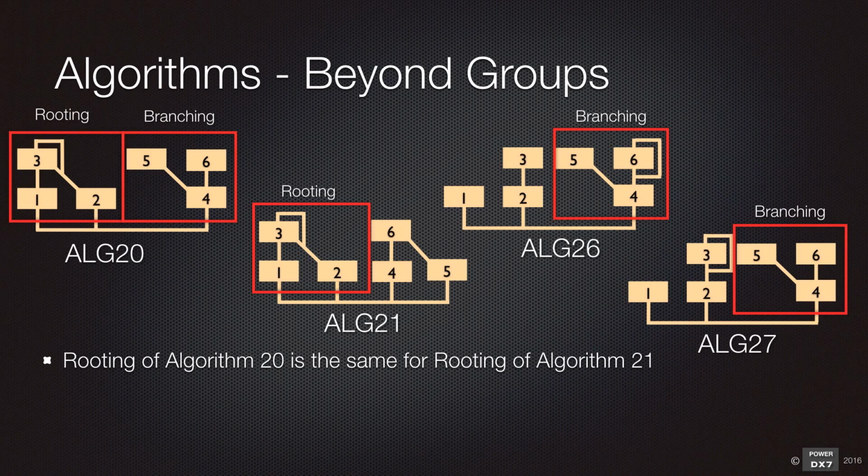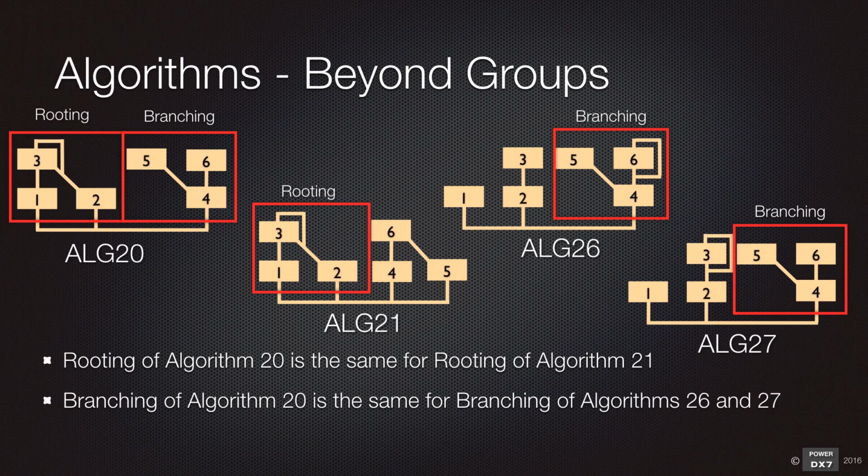When you look at algorithm 21, it has the same routing as algorithm 20. For algorithm 26, branching with operators 4, 5, and 6 is similar to algorithm 20, except for the location of the feedback loop. For algorithm 27, branching is the same as algorithm 20, without a feedback loop on operator 6.